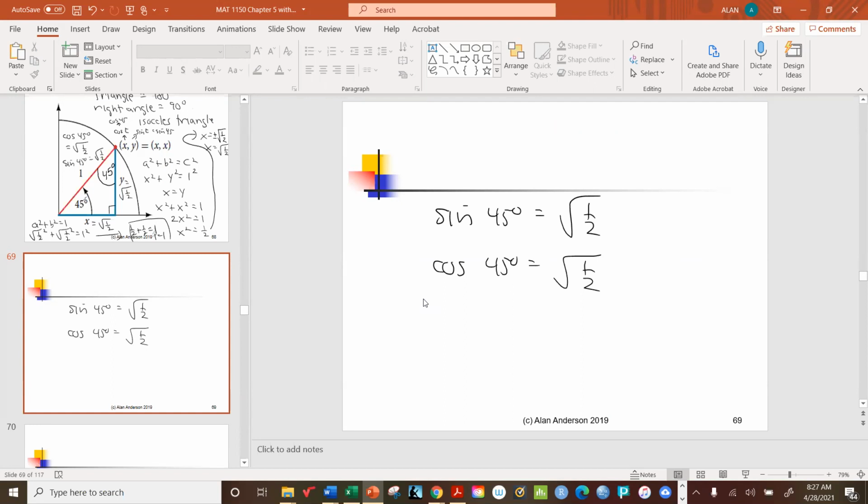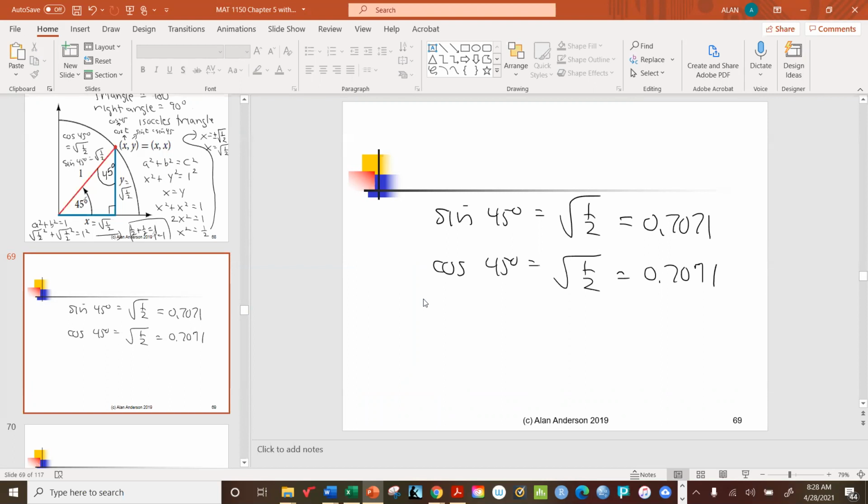Now, the square root of 1 over 2 is approximately equal to 0.7071. So if you have a calculator and you pop these in there, you're not going to get radical 1/2. It doesn't do that. It's going to show you the approximate value, which is 0.7071.